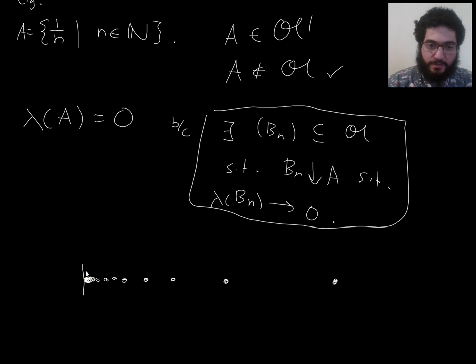So maybe your first one could be like this. It takes a certain amount of stuff here, and that'll capture all but finitely many of the white dots, and then for all the other white dots, just make a little interval around each one. Something like this. So that could be your B1.